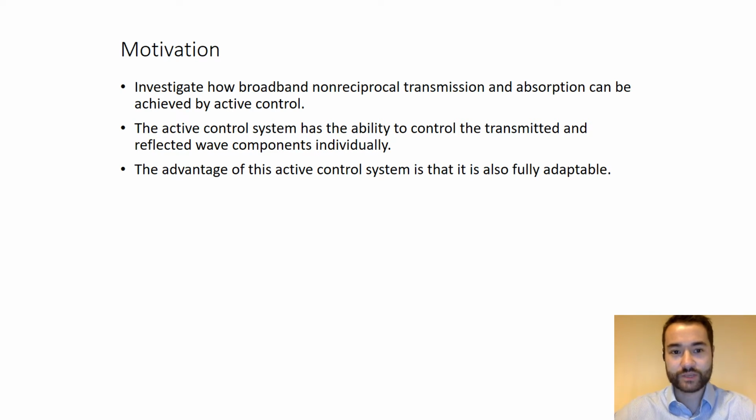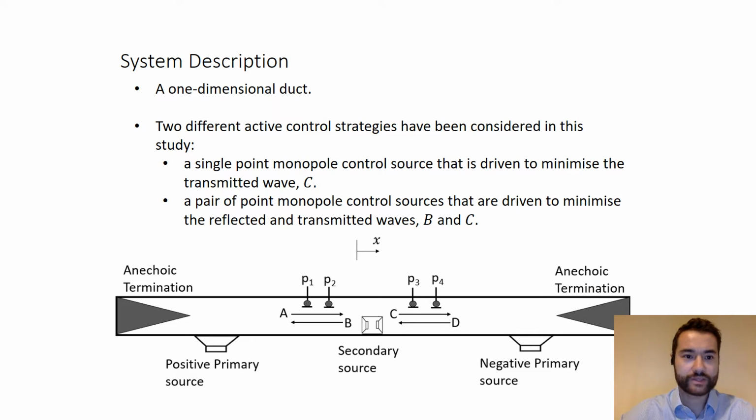This active control system has the ability to control the transmitted and reflected waves individually, and the advantage of this active control system is that it's fully adaptable. So this is a system that we'll use to demonstrate how non-reciprocal behavior can be achieved using active control. This is a one-dimensional duct.